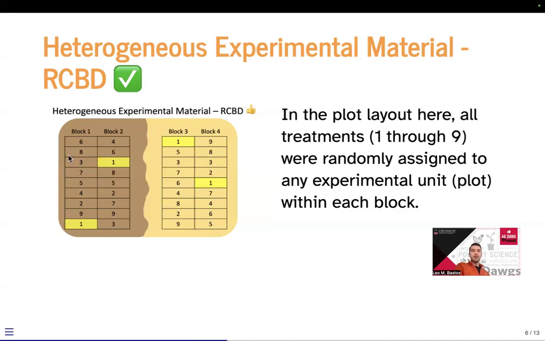But if you're blocking in the right direction and randomizing the treatments to the experimental units, you should be safeguarded, because you are assuming that within a block you have homogeneous conditions and you're randomizing within the block. Did that answer your question? Yes, thank you.